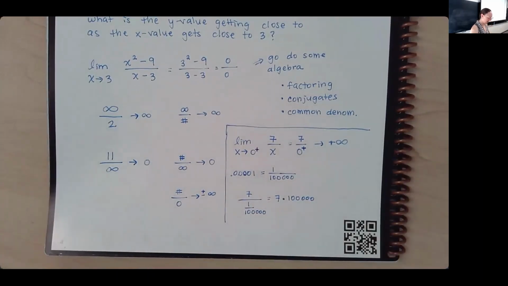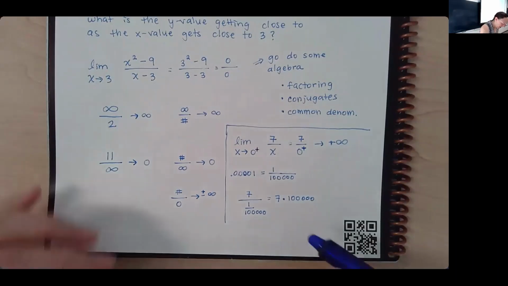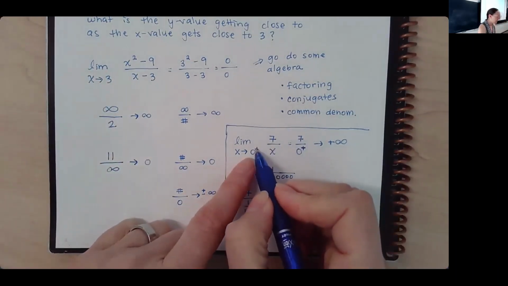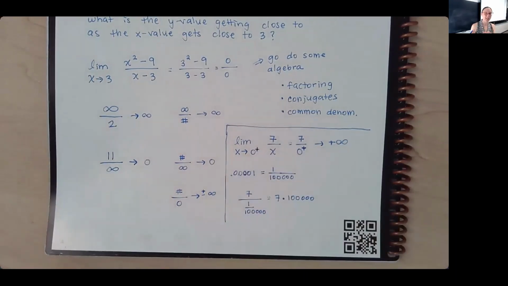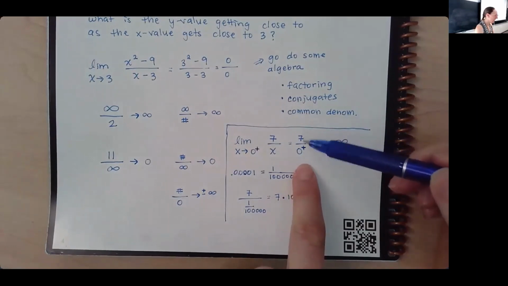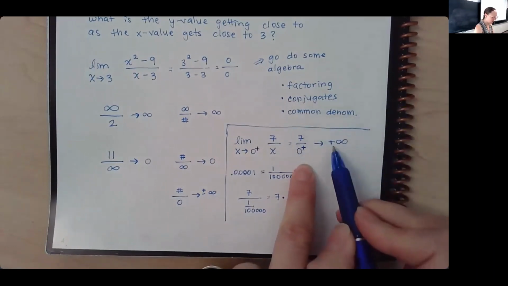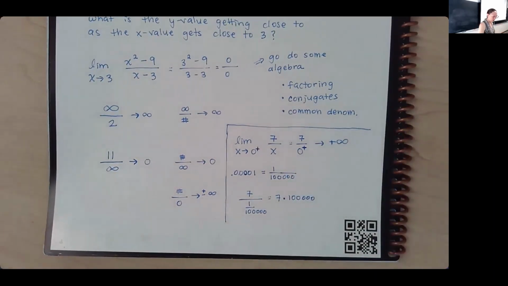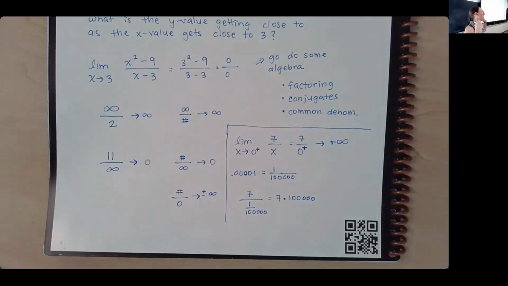If I switched that up and instead I had 0 with a minus sign here, so I'm a little bit less than 0, then that would look like 7 divided by a negative number, and I would be headed towards negative infinity. So in general, if you get a number divided by 0, we should be thinking about infinity.